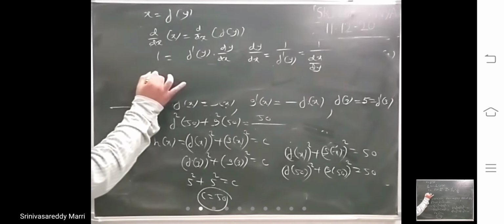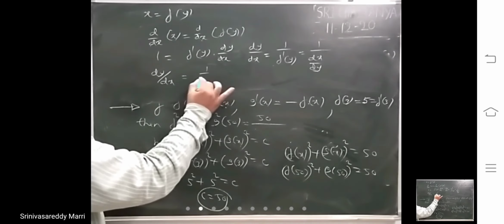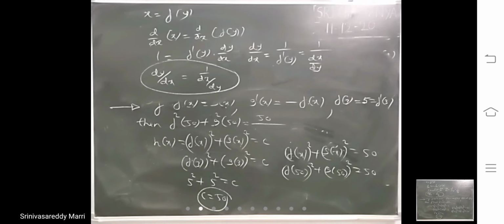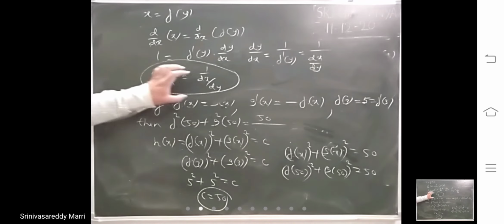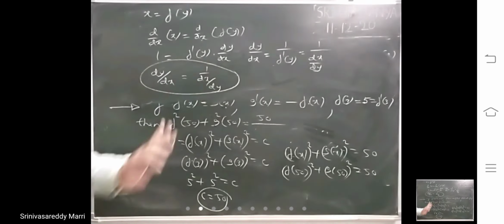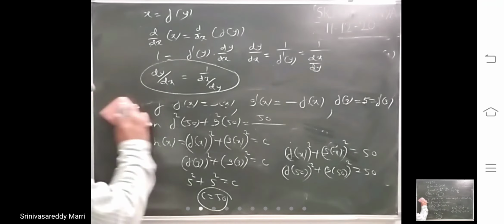That means we have the relation, both convertible. Dy by dx is nothing but 1 by dx by dy. Both are reciprocals. If you know dx by dy, you can write dy by dx equal to 1 by dx by dy.